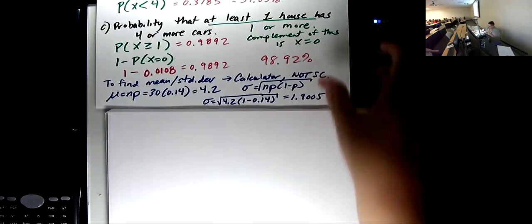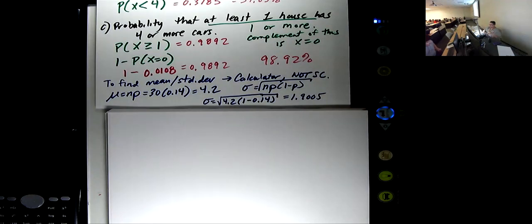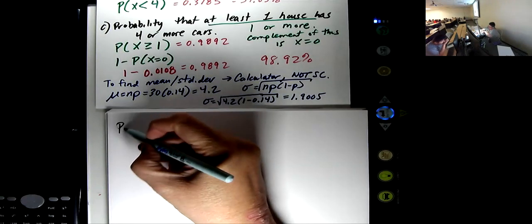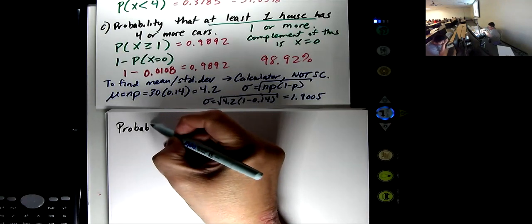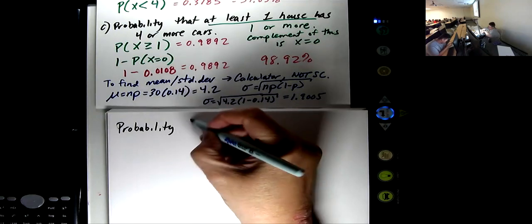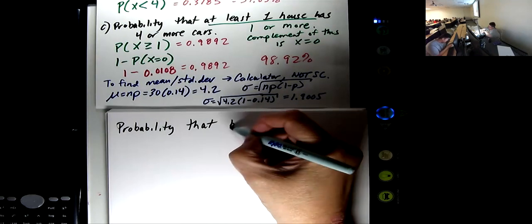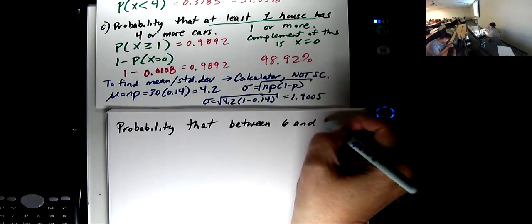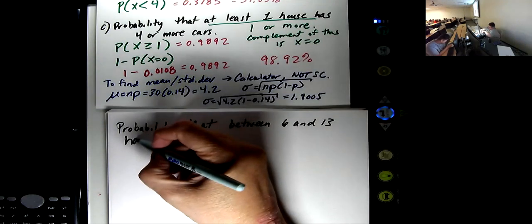This actually has a couple more neat options. I'm going to go back and do a couple more. Let's do the probability that between 6 and 13 homes have 4 or more.